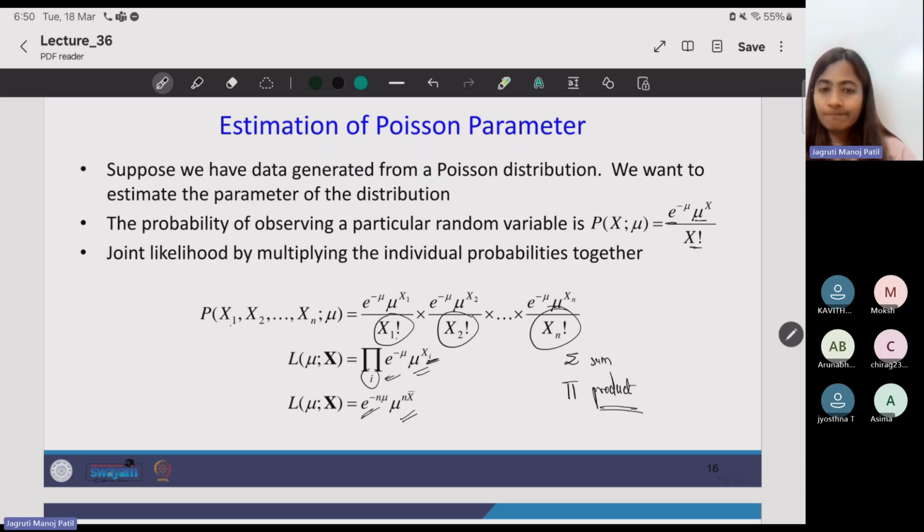No doubts. So this factorial term, let's see. What is the factorial of 1? 1. For 2, it's 2. For 3, it's 6. For 4, it's 24.